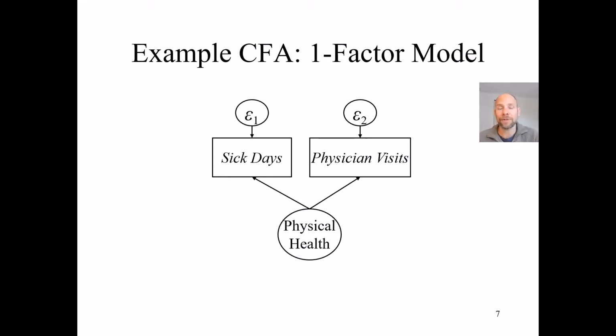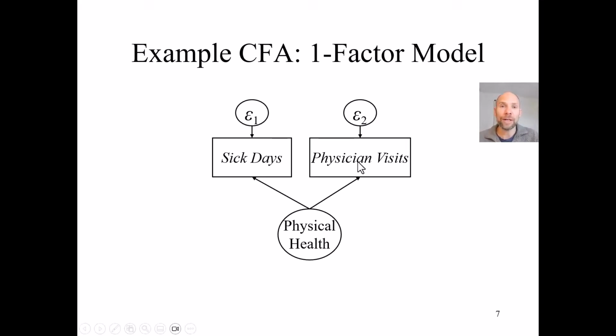And therefore we also have epsilon 1 and epsilon 2, our two measurement error variables here that reflect the variability that is not common to the measures, that is not true score variance, whereas the variance for the latent variable physical health reflects true score variance. So this is based on the covariance between the two measures.